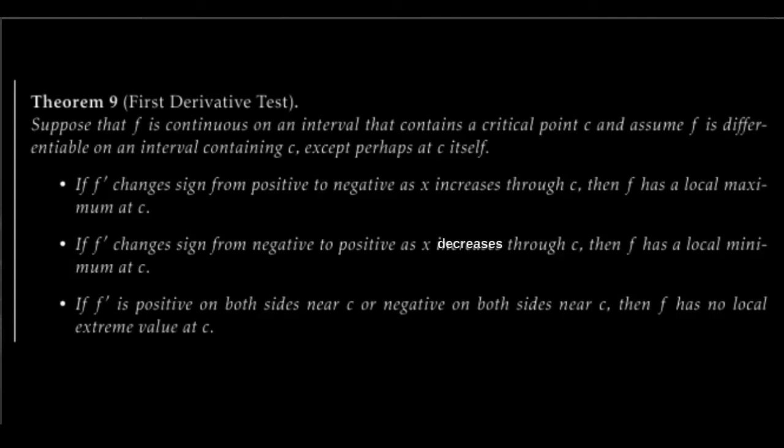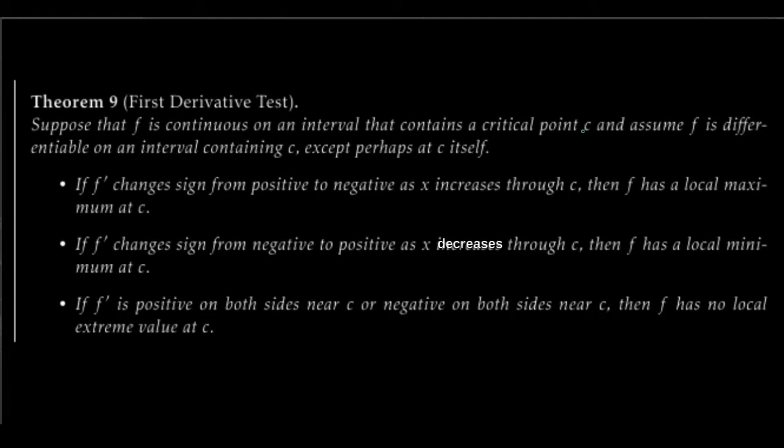Okay, now we've got a little bit of a handle of what's generally going on, so it's time to talk about one of the more important results in the section. This is a classic. Theorem 9, the first derivative test. Suppose that f is a continuous function on an interval that contains a critical point, let's call it c.